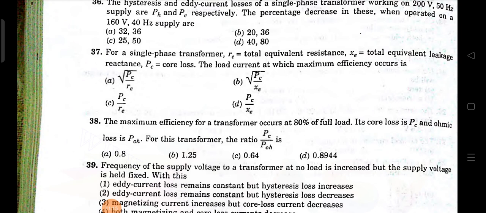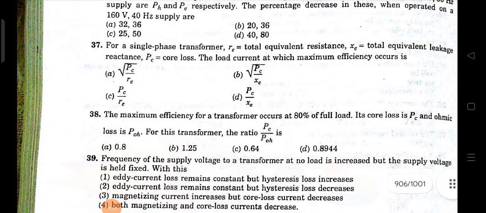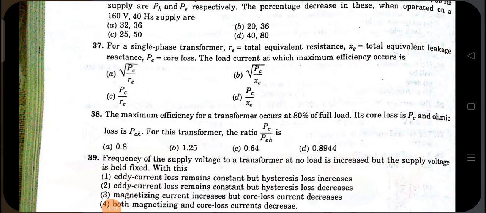Now see here, the maximum efficiency of a transformer occurs at 80% of full load. That means the load at maximum efficiency is equal to under root of iron losses divided by copper losses. Here iron losses are represented by P suffix C, and copper losses by P suffix OH. That means 0.8 is equal to under root PC by POH.